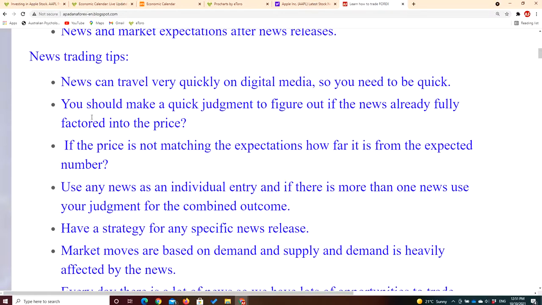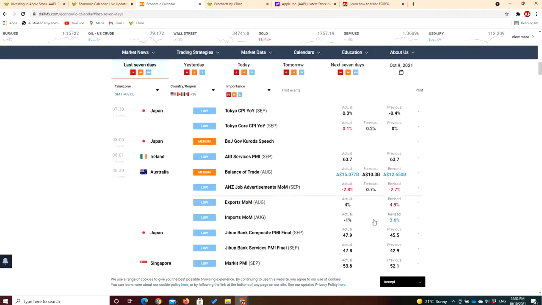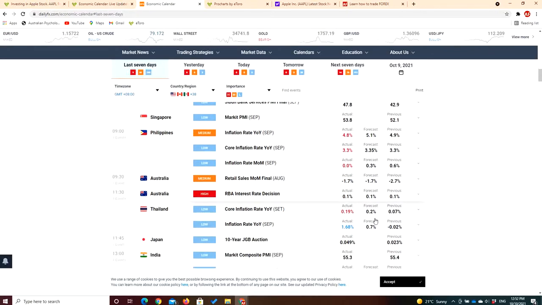So you should make a quick judgment to figure out if the news is already fully factored into the price or not. This is very important. Normally when the result is very similar, for example here, you can see the retail sales forecast is minus 1.7 and the actual is minus 1.7.